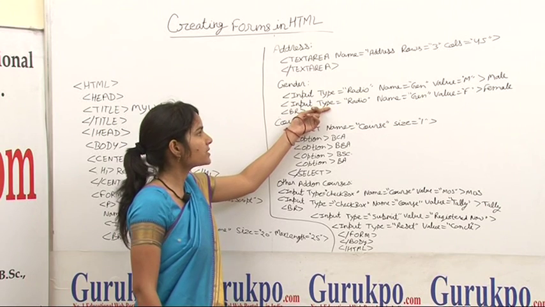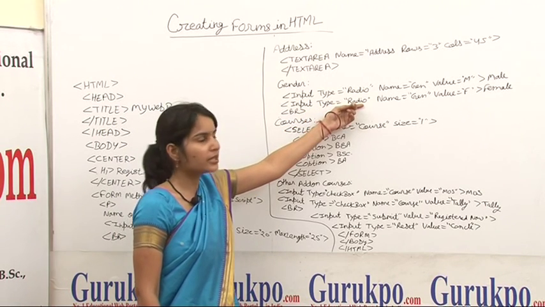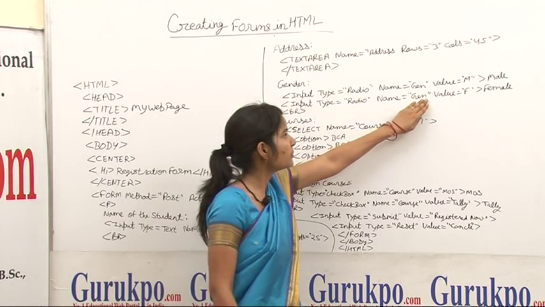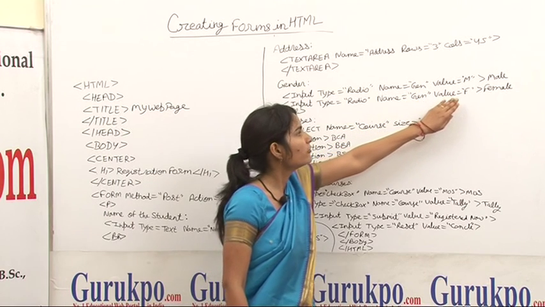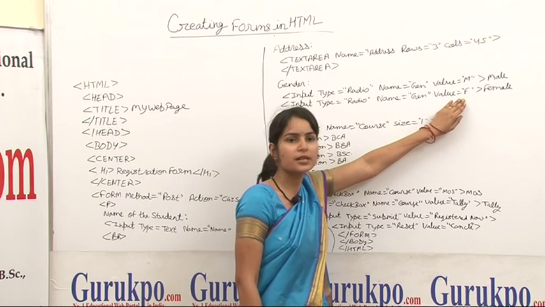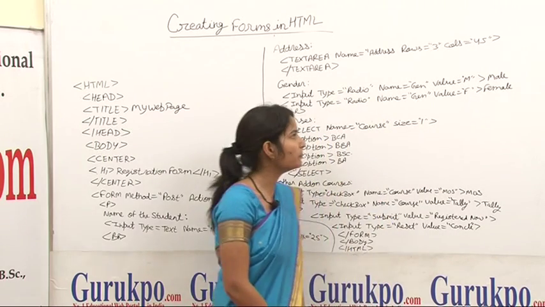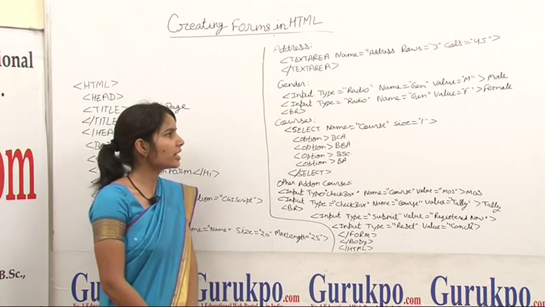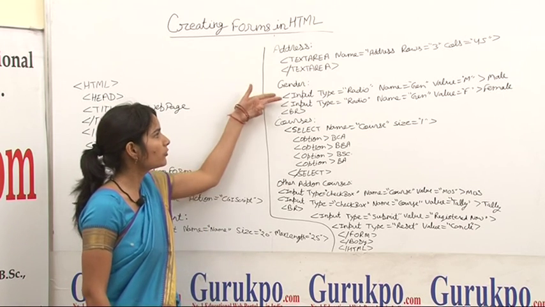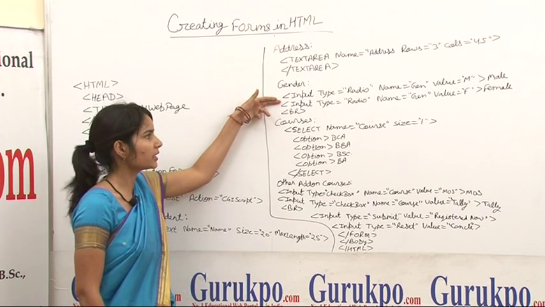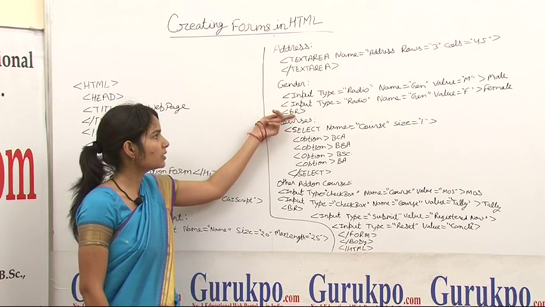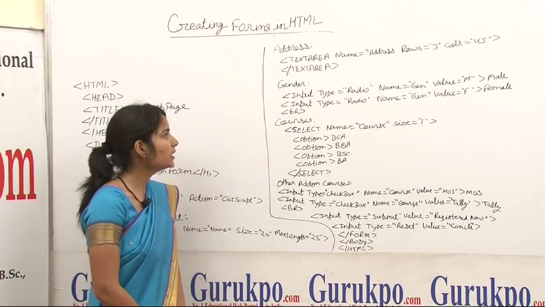Again we create the second option button with the type radio. The name is the same as the first, gen, the value is F which will be sent to the server, and the text which displays on the web page is female. Users are allowed to check only one option from these two option buttons. Now again we use the BR tag to break the line.